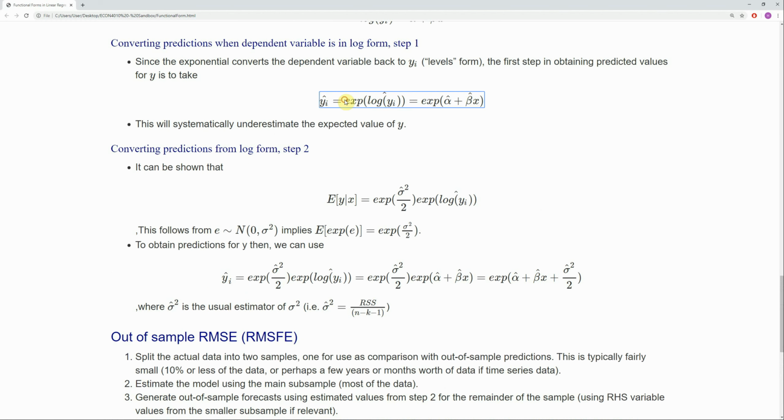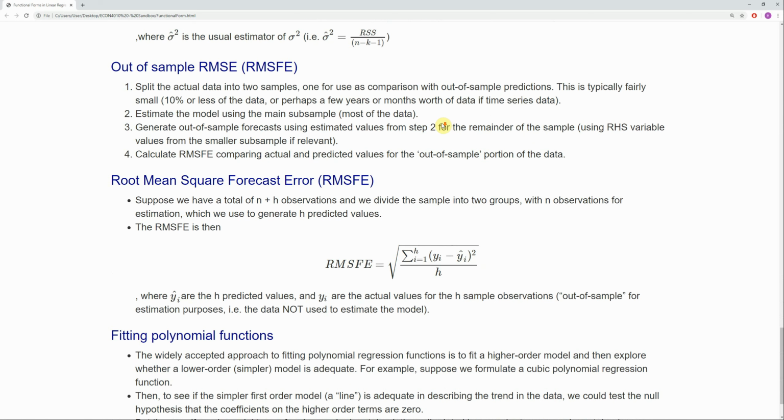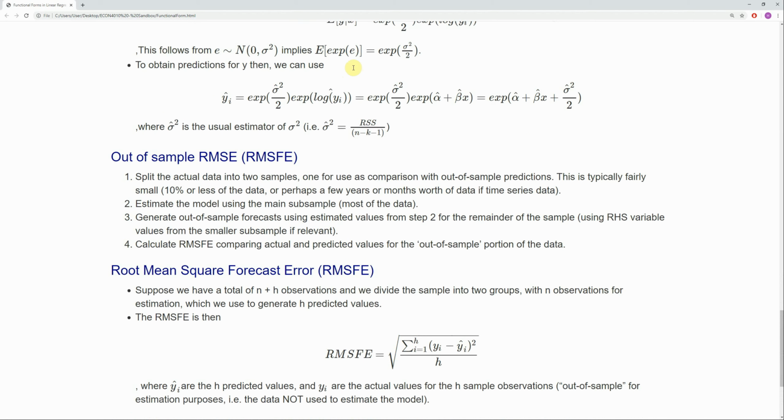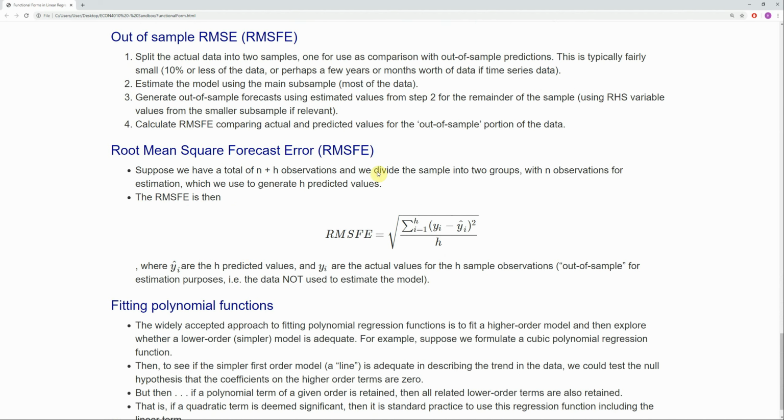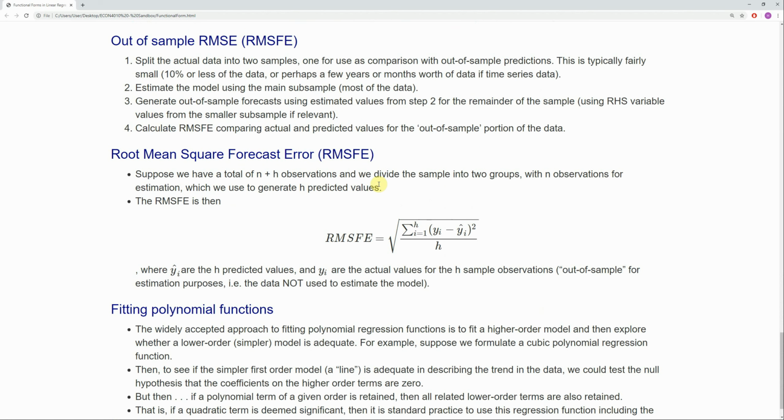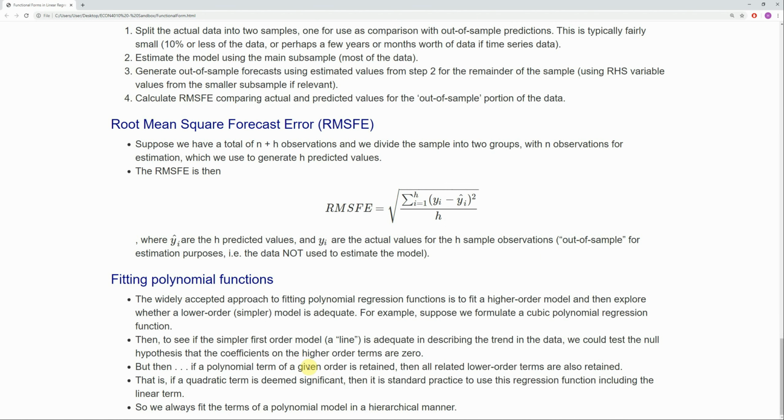So that is very similar up to what you got already up to this step. But if you don't have the log transformation, you don't have to be worried about any of these correction terms anyways. And then whichever model gives you the lowest value for the RMSFE is the model that you want to go with.